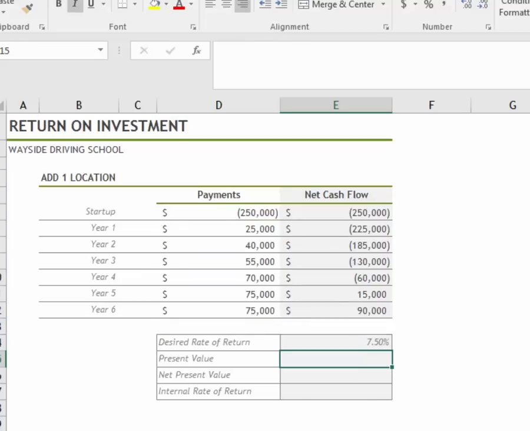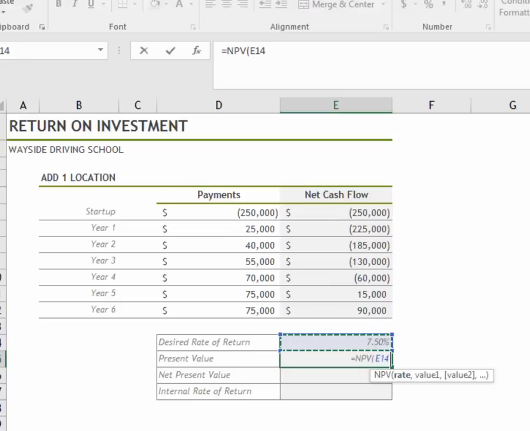So in 15, we're going to use the NPV function, net present value. What it's basically doing is taking a series of payments and bringing it back to a value to today's point. And then I can look at that number and compare it to the amount that I'm spending. So it's not a hard function to use, in that it just says, well, what is your desired rate of return? What interest rate are we dealing with?